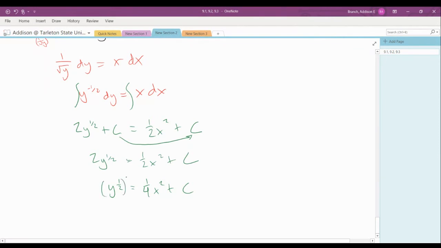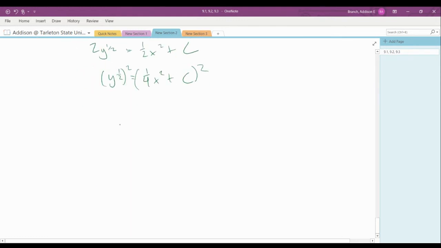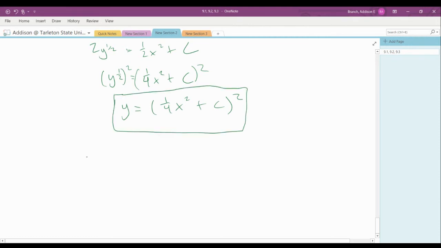And then we can square both sides to get y is equal to 1/4 x squared plus c, all squared. And since they didn't give us any point, we're just going to stick with our general solution.